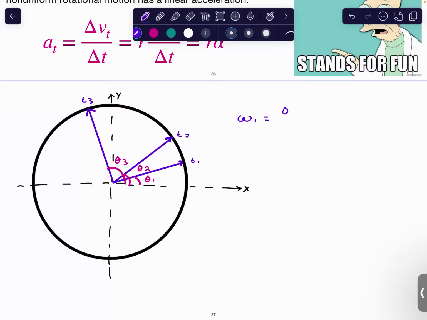Number 1 is going to be theta 2 minus theta 1 over T2 minus T1. So we're going to get that first angular velocity between time 1 and 2. Then you say that omega 2, that's going to be theta 3 and theta 2.